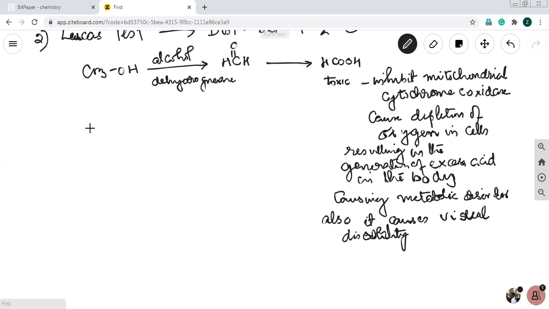Now a few other reactions of alcohols which you should know. A few reactions more I want to give you. Say for example, I have got an alcohol like this. Suppose you have an alcohol. If I treat this with sulfuric acid, H2SO4.